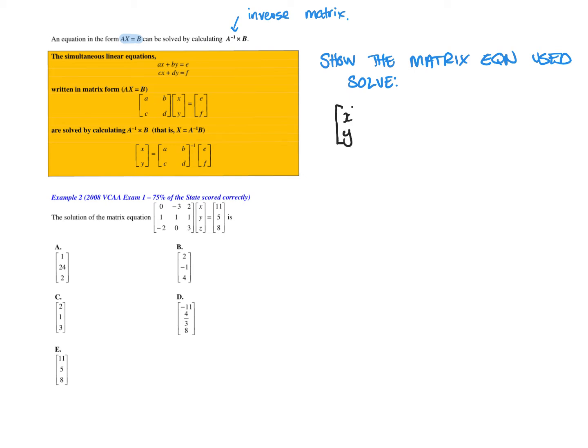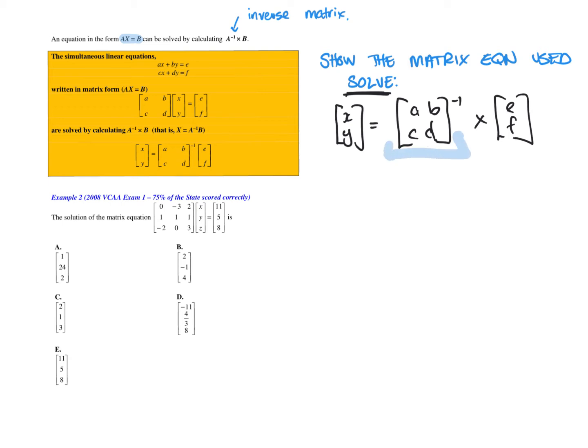You'd have x, y equals, now you'll have the number 1 to the power of -1 times the EF. So if you're asked to show how it's solved, you've got to remember that you need to have the inverse there, yeah? You have to show the inverse matrix.